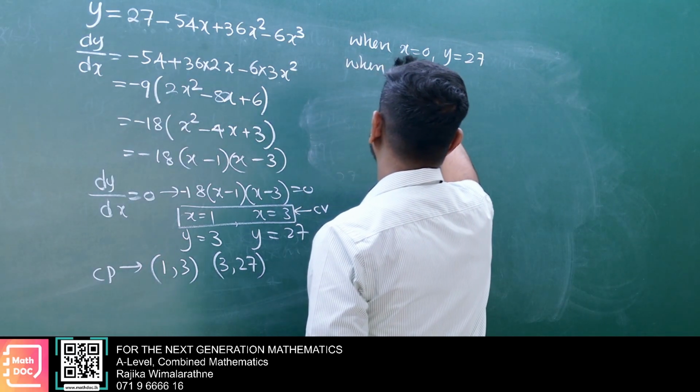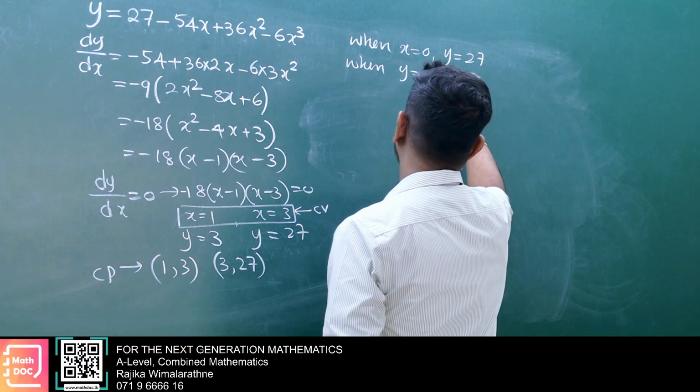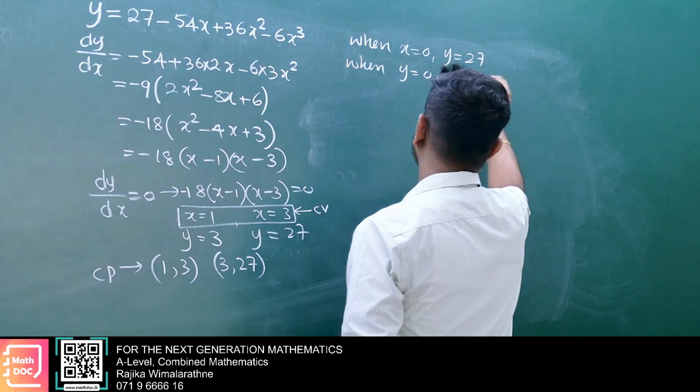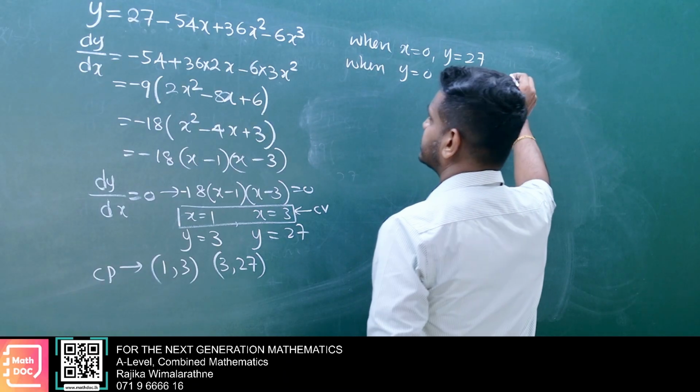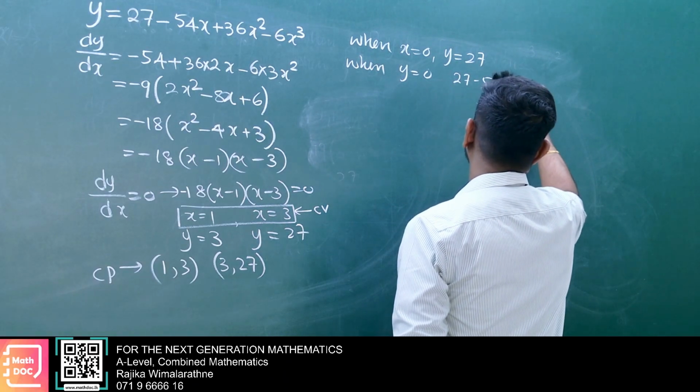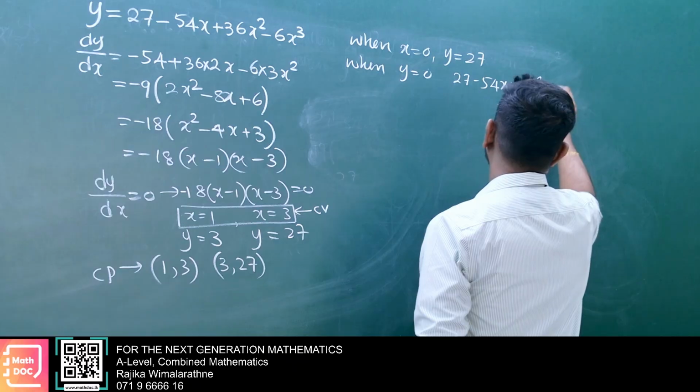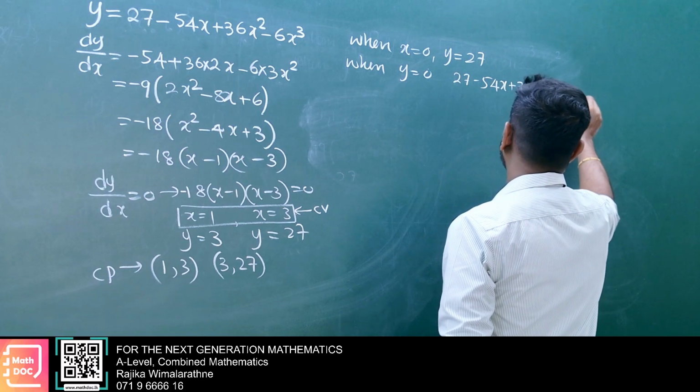When y equals 0, 27 minus 54x plus 36x squared minus 6x cubed equals 0.